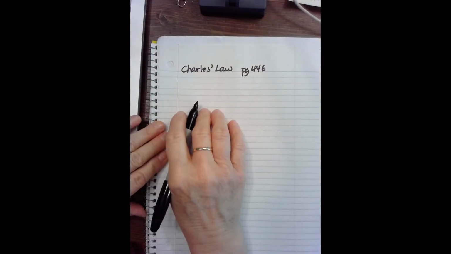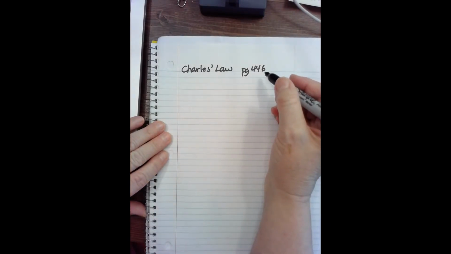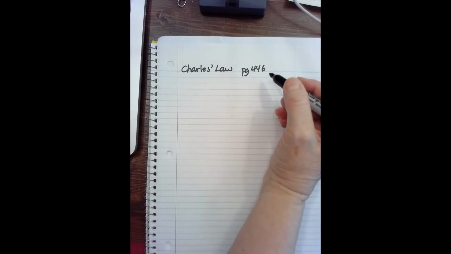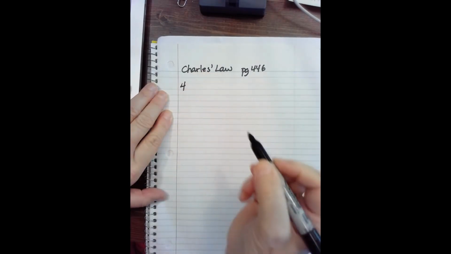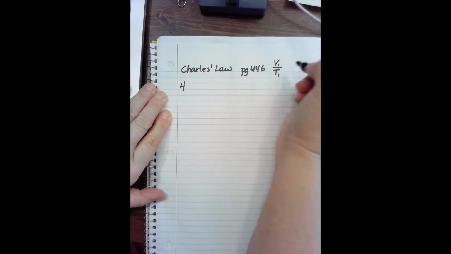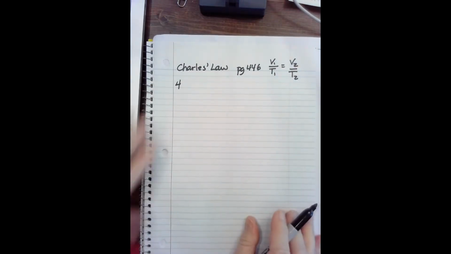All right, the next thing we're going to take a look at is Charles' law. We're going to find these Charles' law problems on page 446 in your textbook. So this is problem number 4. All right, and we know that Charles' law says that V1 over T1 is equal to V2 over T2.